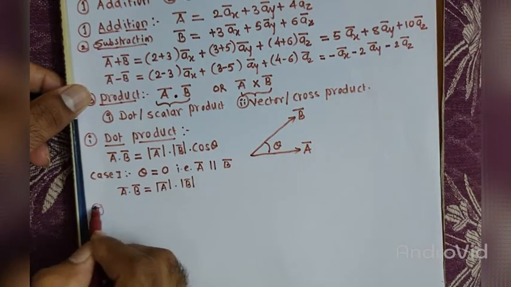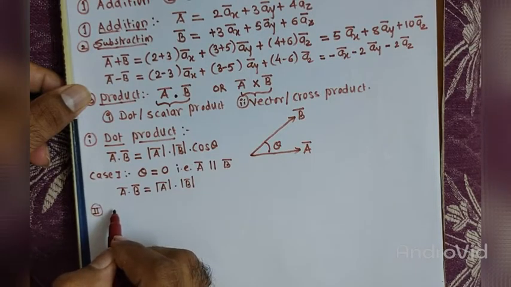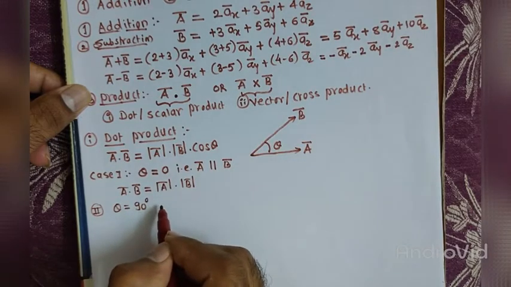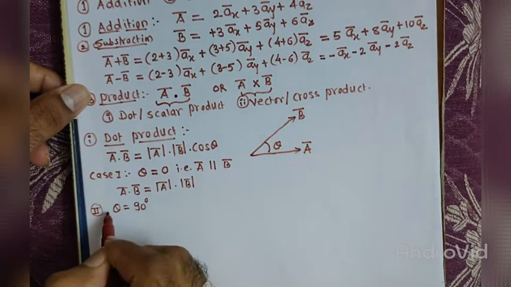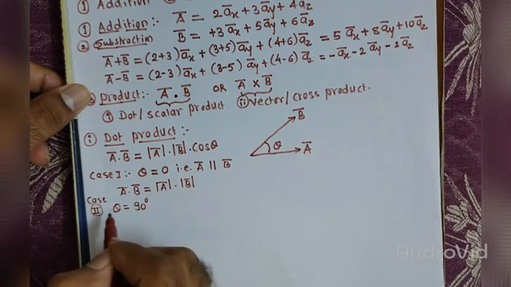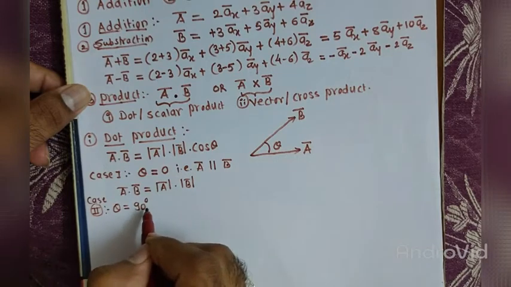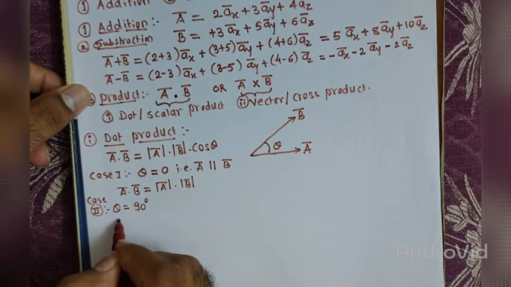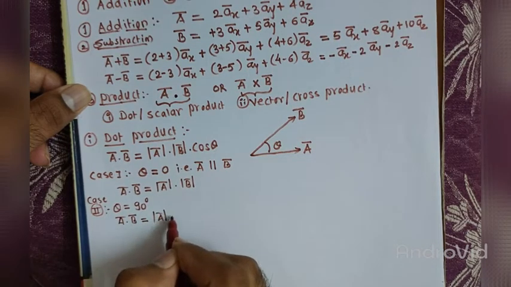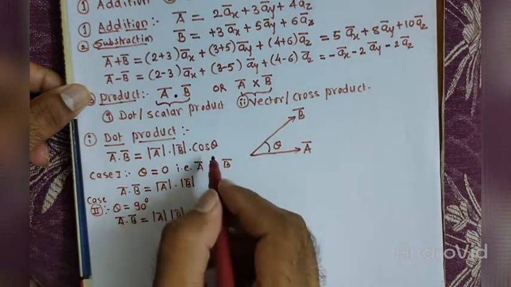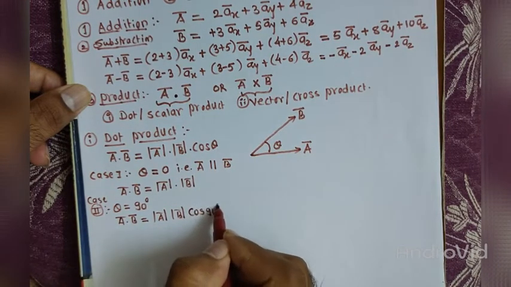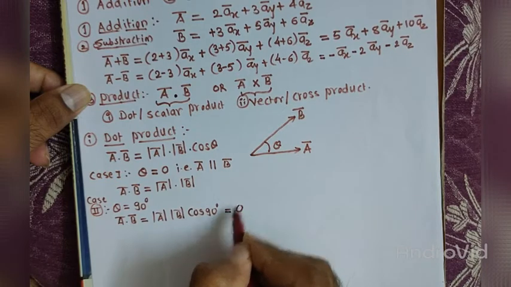Now case number 2, what happens if theta is 90 degrees? So this is case 2, when theta is 90 degrees. Then a dot b is equal to mod a mod b cos of theta, cos 90. You know cos 90 is 0, and 0 into anything is 0.